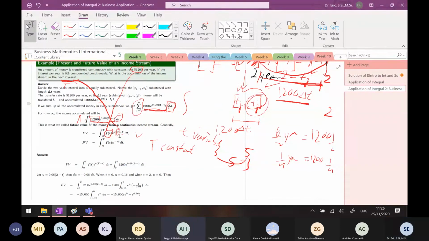Can you repeat why du is suddenly negative 0.08? You asked why du becomes this? Okay, very good. u is, I can multiply this 1 by 1, 0.16 minus 0.08t.